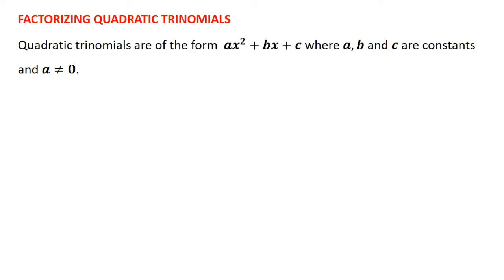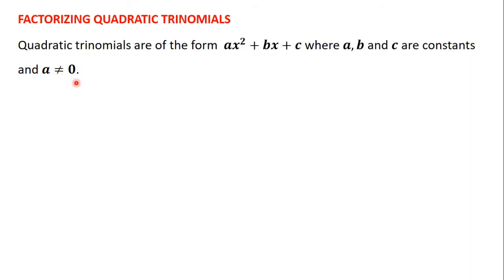Factorizing quadratic trinomials. A quadratic trinomial is a quadratic expression with three terms. So quadratic trinomials are of the form ax squared plus bx plus c, where a, b, and c are constants and a is not equal to 0.